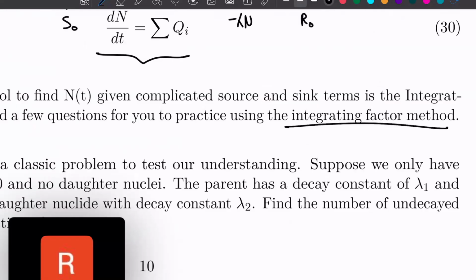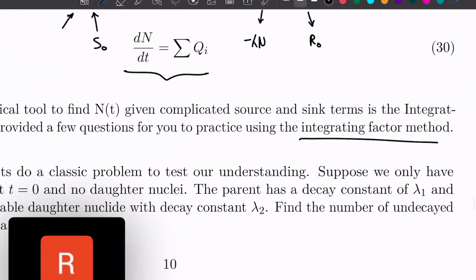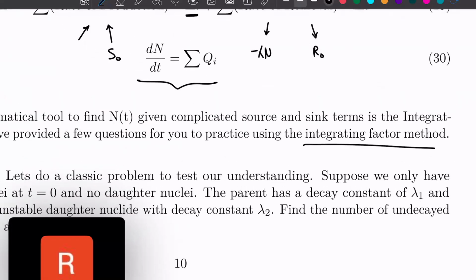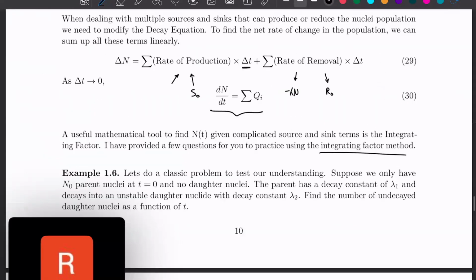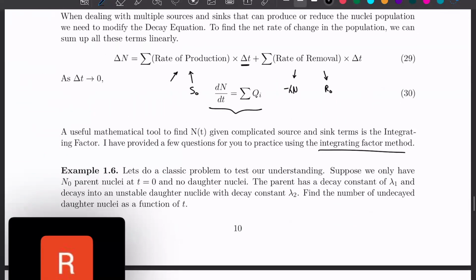Have you guys learned what integrating factor is? Anyone? Just saying if you know what integrating factor is. Maybe it's quite relevant, I can go through it.